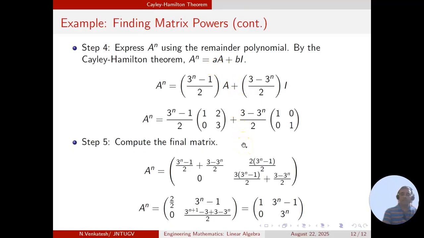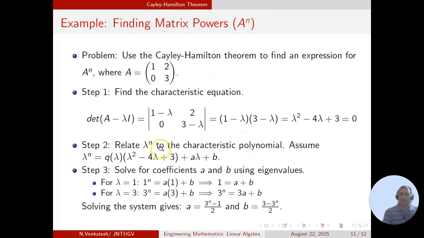This can be easily verified by repeatedly substituting. Suppose you have lambda square equal to 4 lambda minus 3. Now for lambda cube, we can say it is 4 lambda square minus 3 lambda.